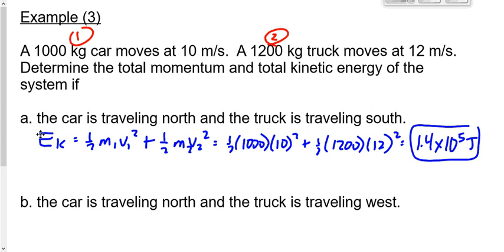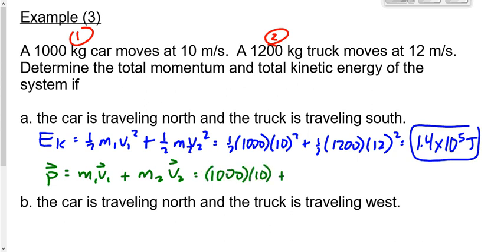Let's find the momentum now. What's the difference between momentum and velocity and kinetic energy, besides the equation, the obvious? Yeah, momentum is a vector. I got to include direction here, right? Not for kinetic energy, but yes for momentum. We're going to say this is 1,000 times 10 plus 1,200 times 12.